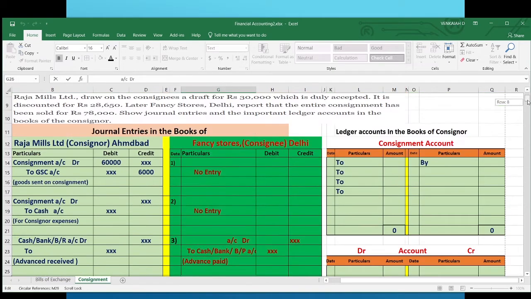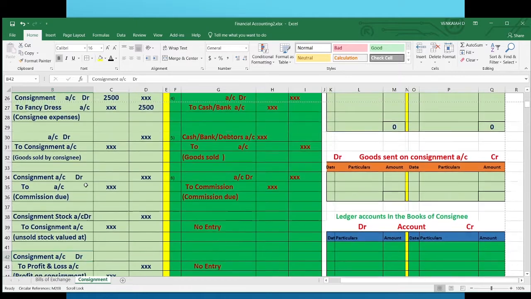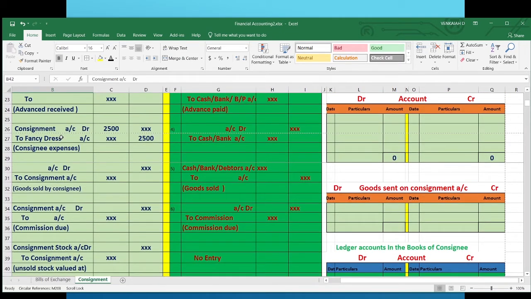Consignee name is Fancy Stores. Here, consignor name is Raja Mills Limited.